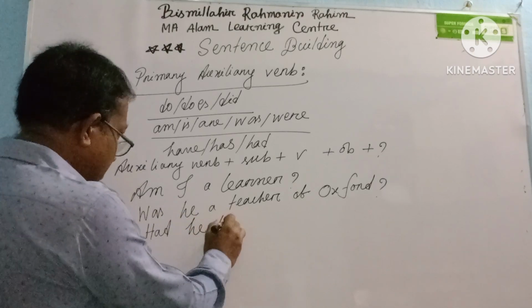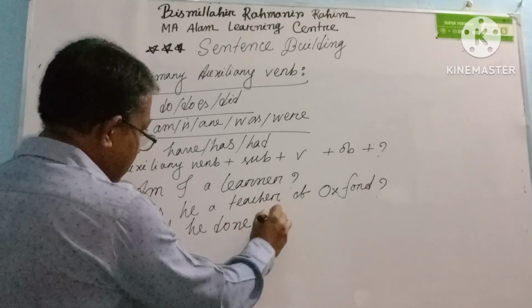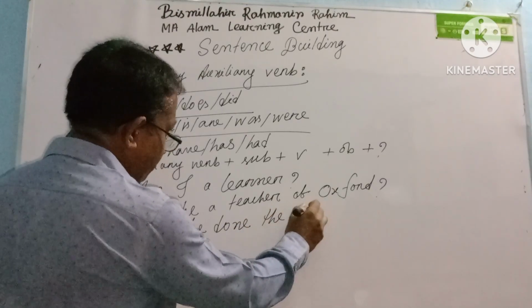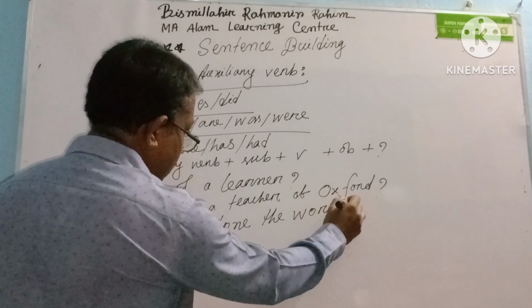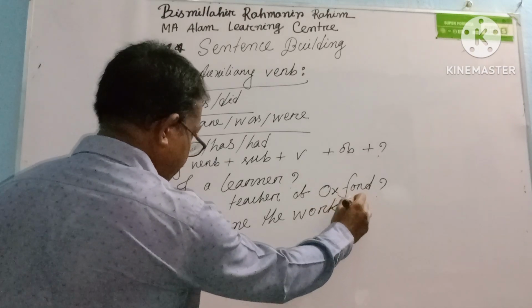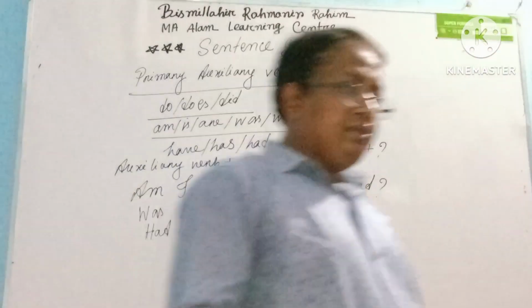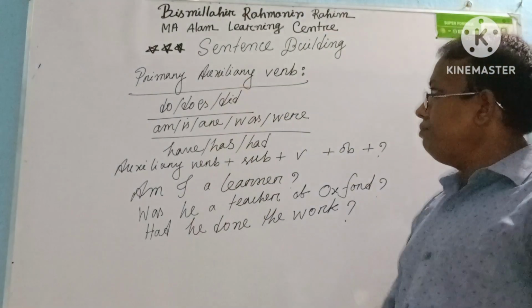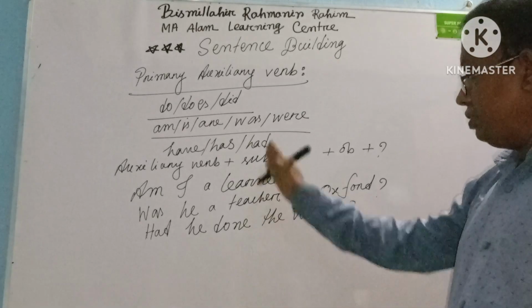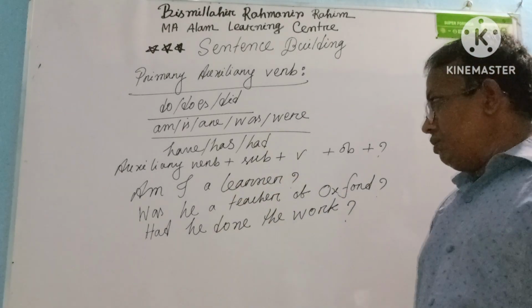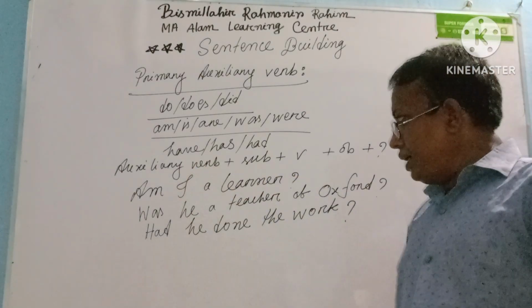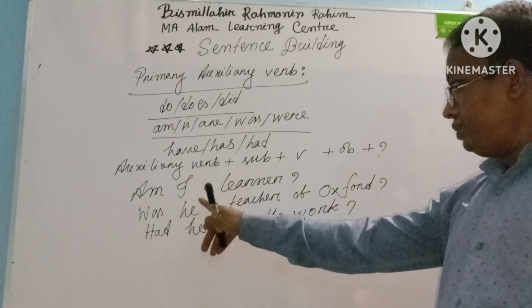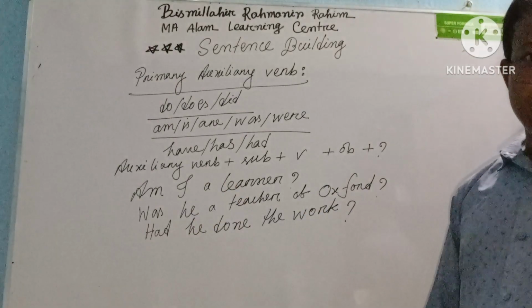Had he done the work? সে কি কাজ করেছিল? Thus, by using primary auxiliary verbs, we can make or build interrogative sentences.